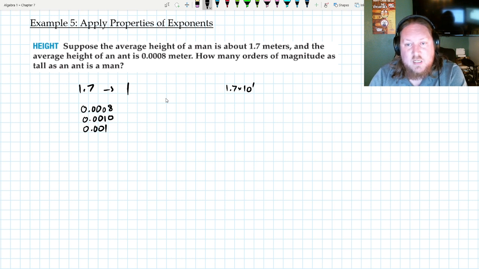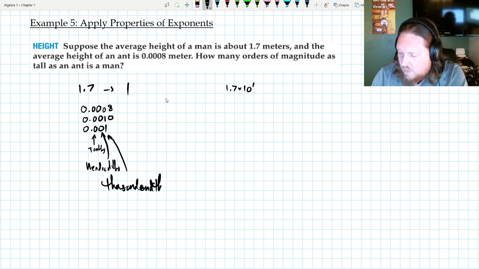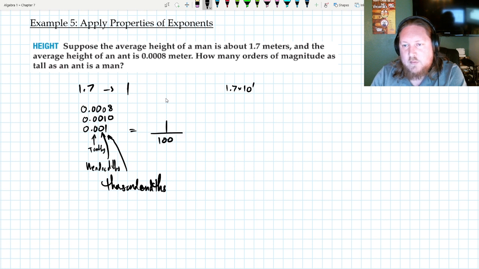And if you remember your decimal place names, you have tenths, hundredths, and thousandths. I think I spelled that wrong, but we can figure it out. 0.001 is the same as 1 over 1,000, which is 1 over 10 cubed.